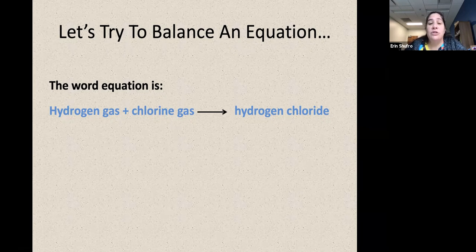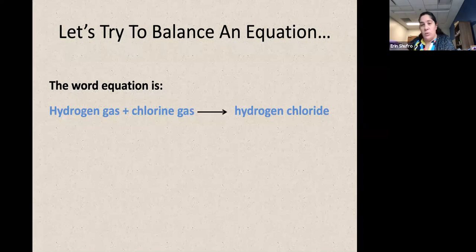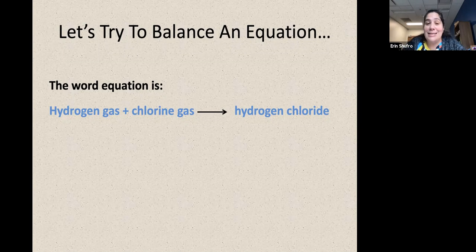Okay, so hydrogen gas plus chlorine gas. Now, hopefully you remember from your reading assignment somewhere that there are certain gases that exist in what we call the diatomic state. The common ones that are listed in your textbook are hydrogen gas, oxygen gas, nitrogen gas, chlorine gas, and fluorine gas.